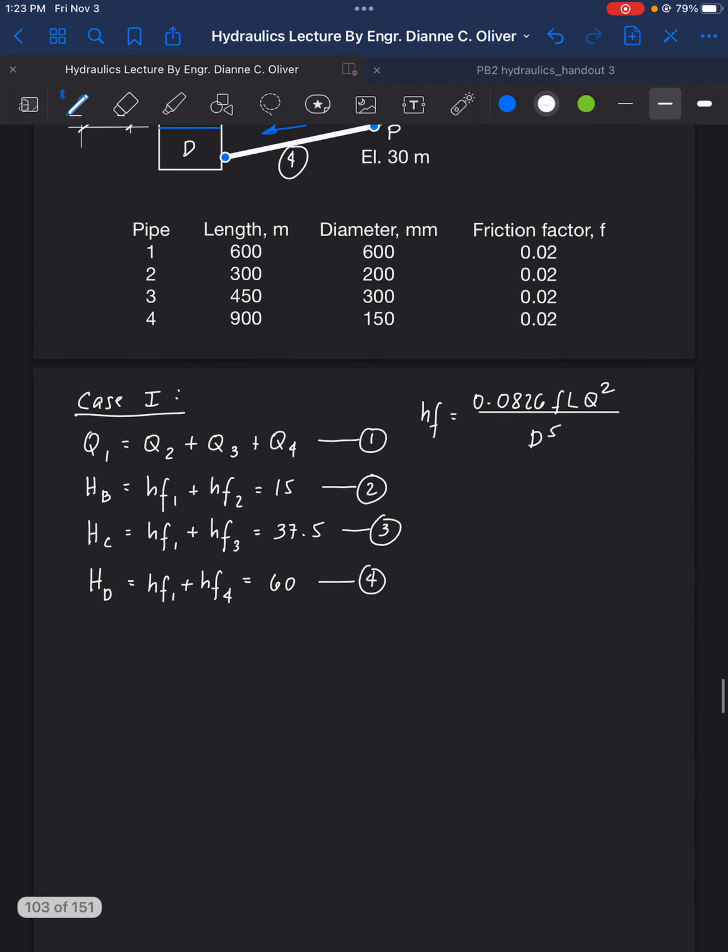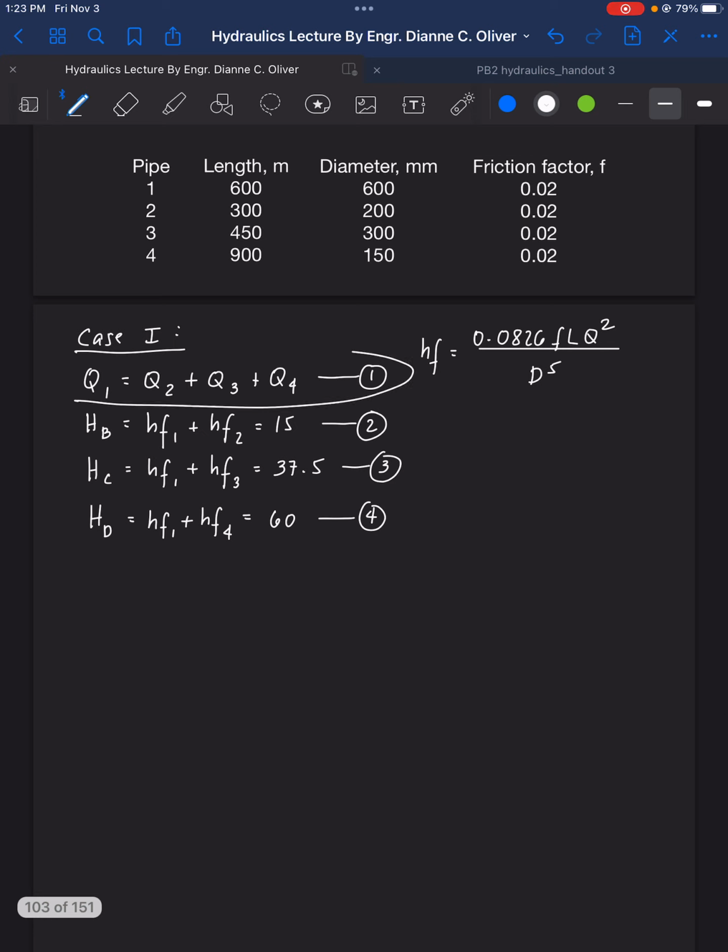We will use this formula, wherein Q is equal to the square root of HF D raised to 5 all over 0.0826 FL.